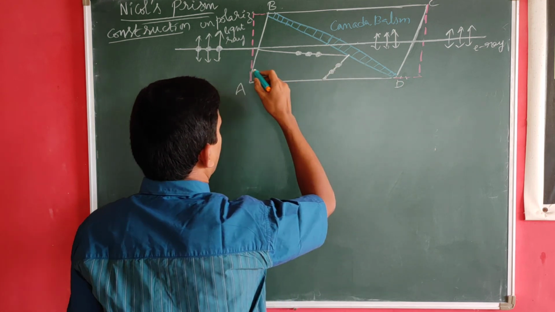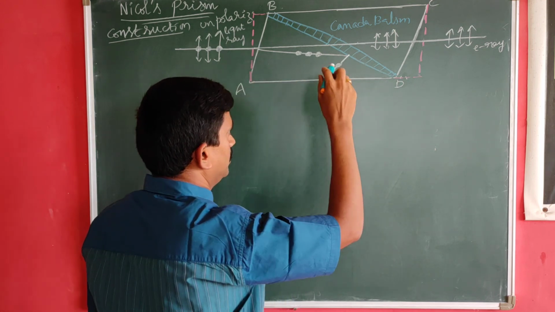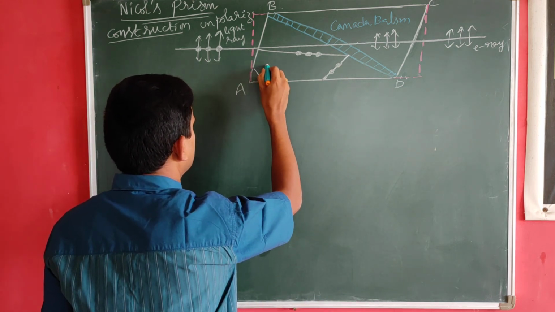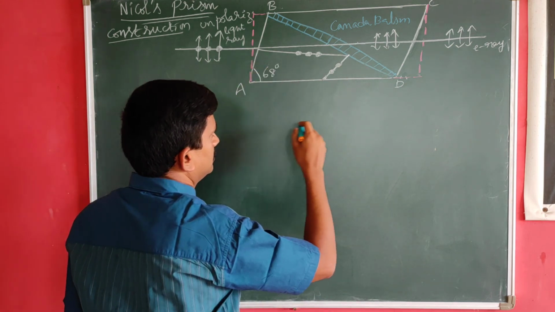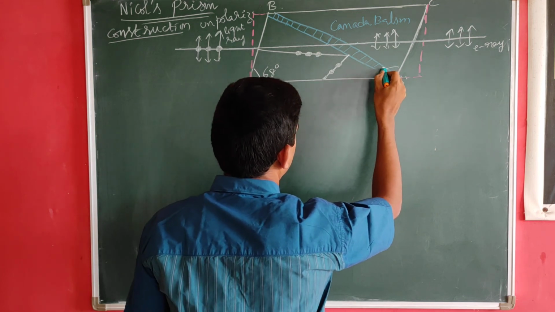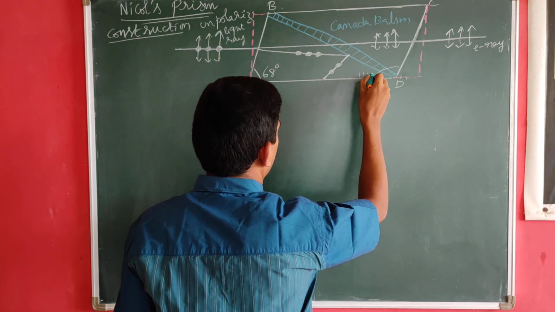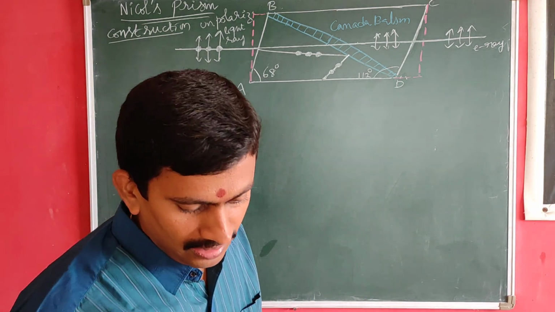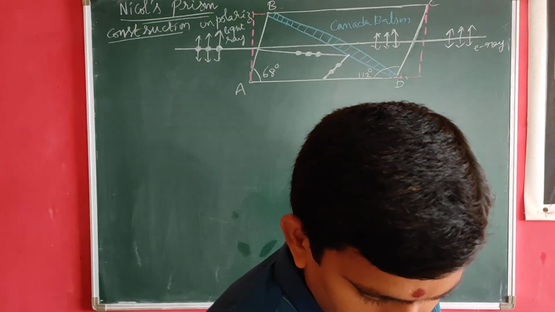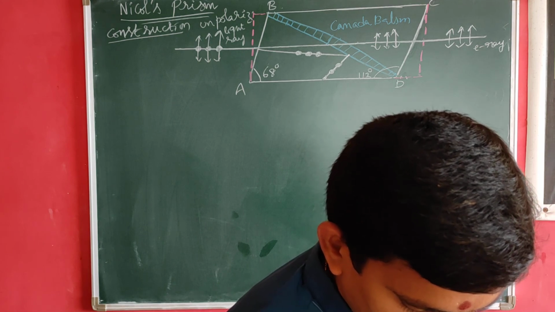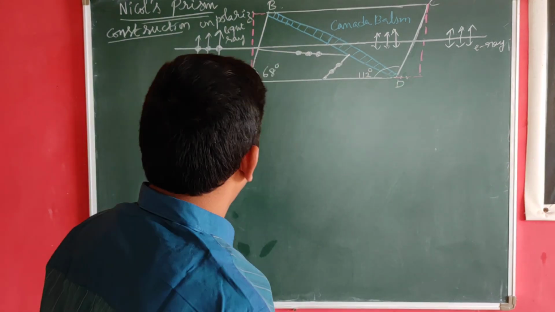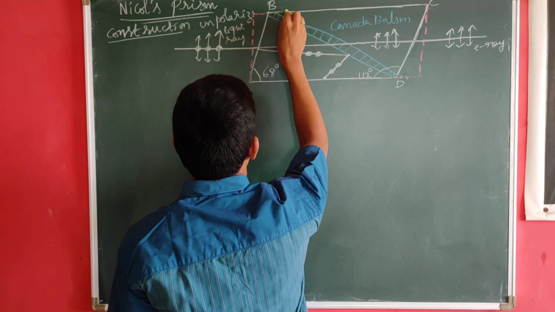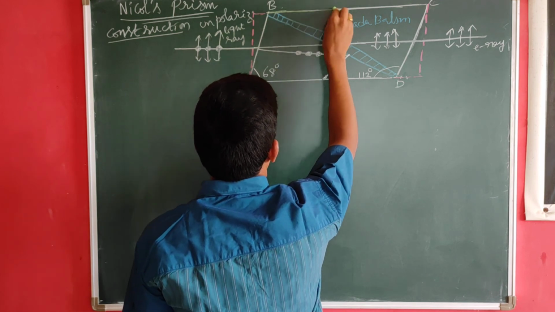And then the end faces A, B. Here the angle becomes 68 degrees. Here the angle becomes 112 degrees. And then the top and bottom surfaces are coated with lamp black.